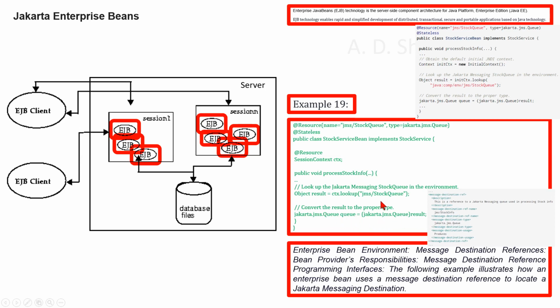If the JNDI API were used directly, the example would be as follows. Here you can see java:comp/env/jms.